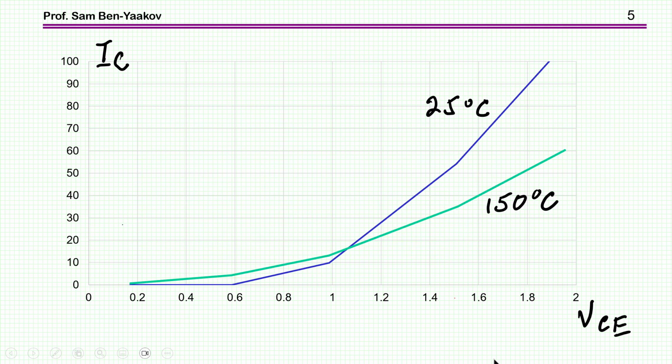And here it is. So these are the two curves for 150 degrees and 25 degrees centigrade, VCE and IC, and you can see here is a change in direction. Here, at 25 degrees and a given voltage, the current is higher than in the case of 150 degrees, and here it's reversed.